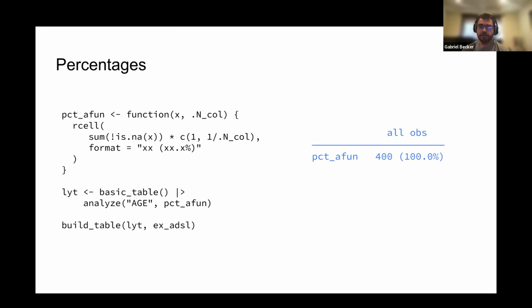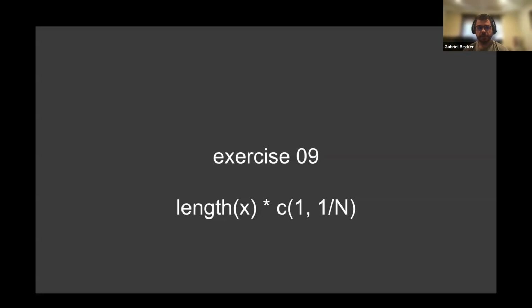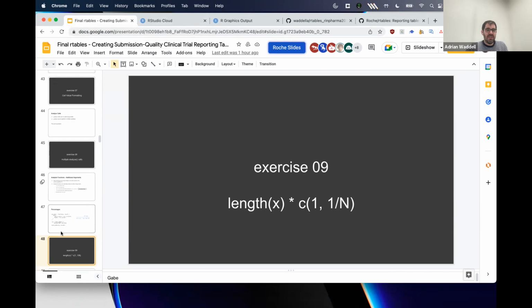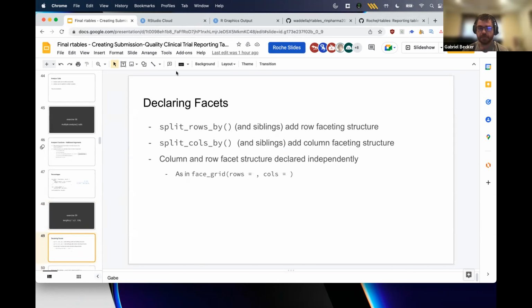But if we did have faceting, we would still have the full column total. So we would still be able to calculate the percentage out of the entire column within each of those facets. So that's that. This again, I think we can skip over, because we just showed the code for that.